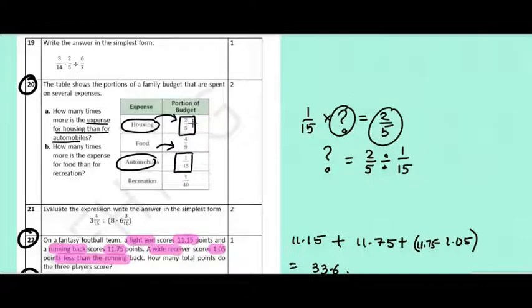So the bigger part is what multiplied to the smaller part. When we do the division we find out that it is 6 times. So the answer is 6 times.